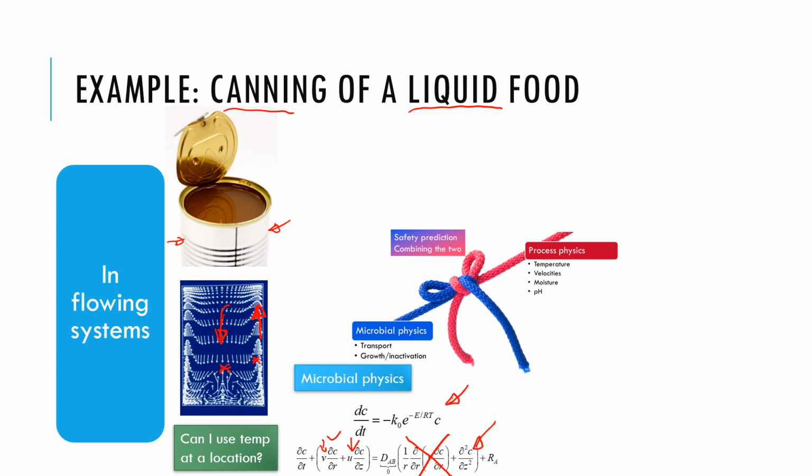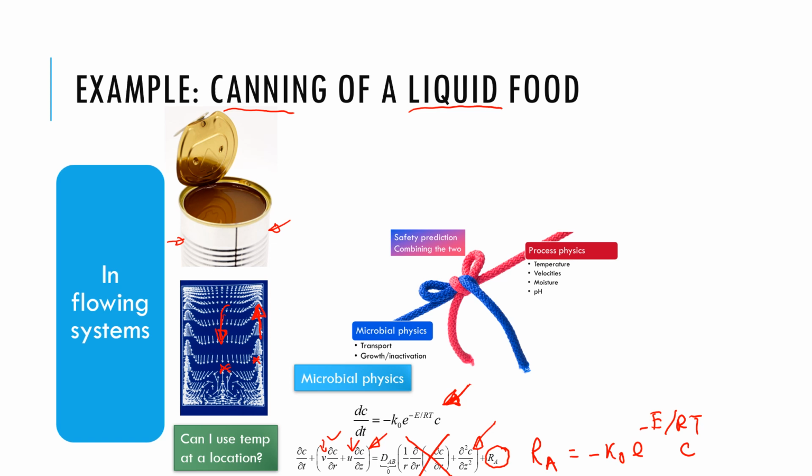So we have to keep those two terms, and then this term, the source term or the inactivation term, how the bacteria concentration changes because of temperature, is going to come from the first order kinetics. So R_A is simply equal to minus k0 e raised to minus E over RT times C. But the situation is complex because we have to keep this velocity term.